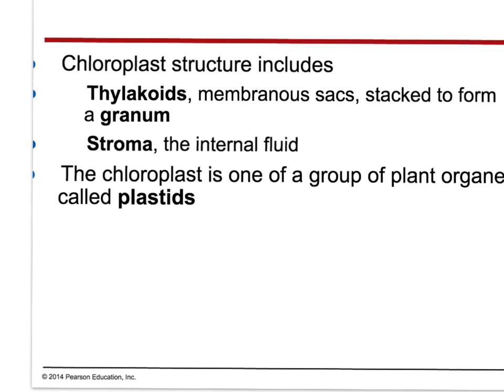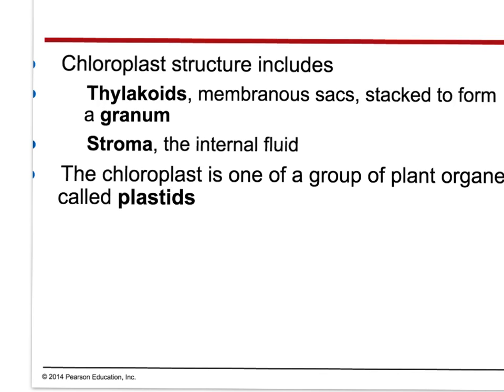All right, those sacs are stacked like pancakes into what we call a granum. Okay, and then stroma is the internal fluid, where those sacs are, the stuff that's between all the thylakoids.